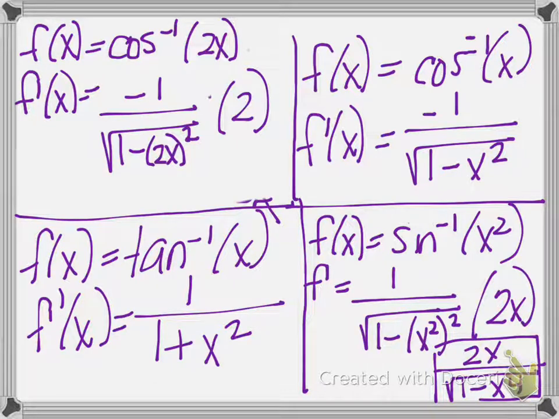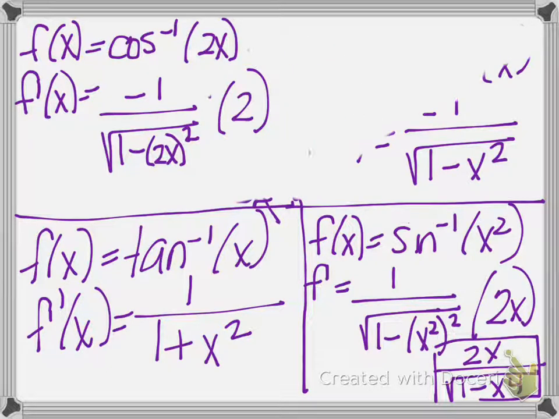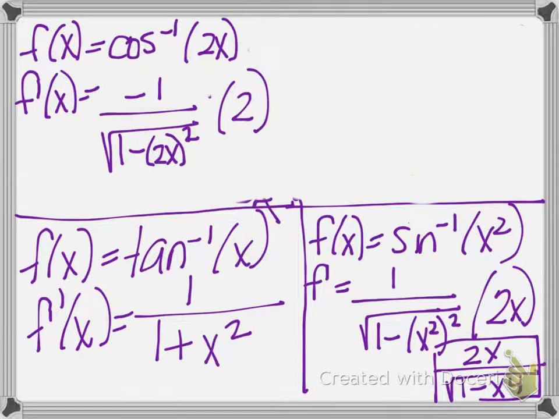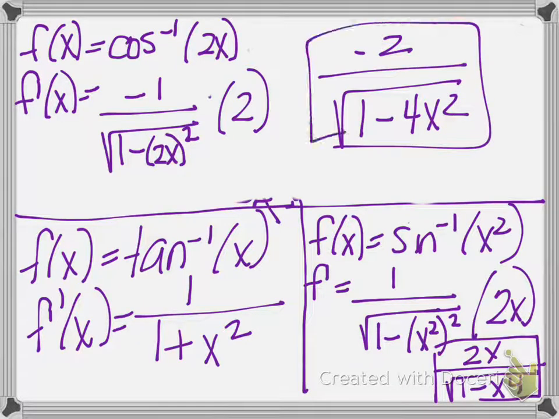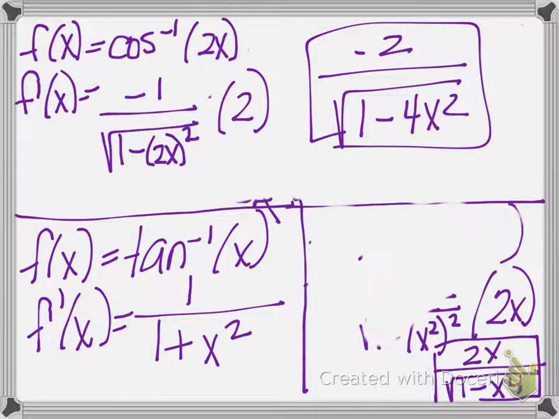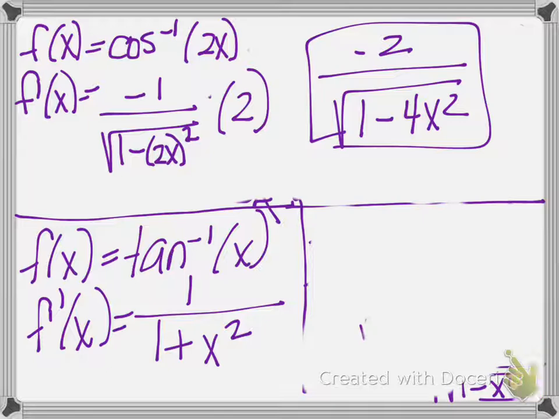So if you wanted to simplify that, you would get a negative 2 on top, and on the bottom you could simplify, and you would get that. That would be your answer. Okay, and then of course the same thing is going to work for tan. Hope you're starting to get the hang of these now.